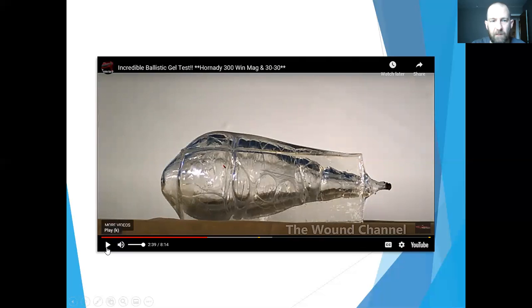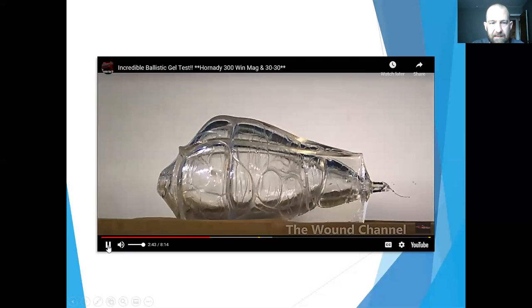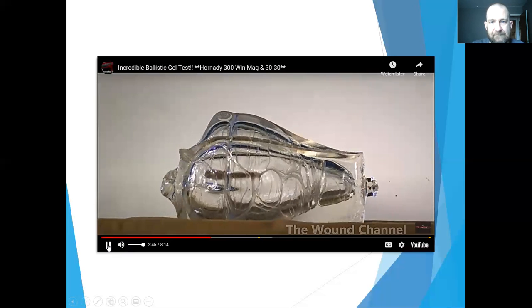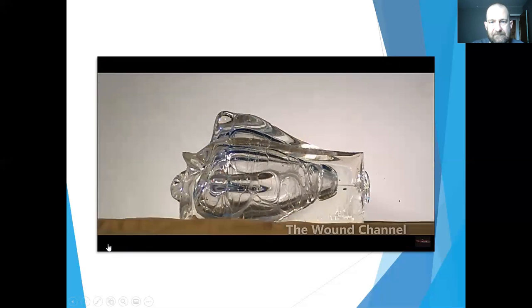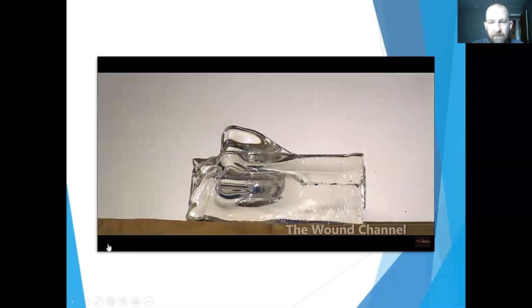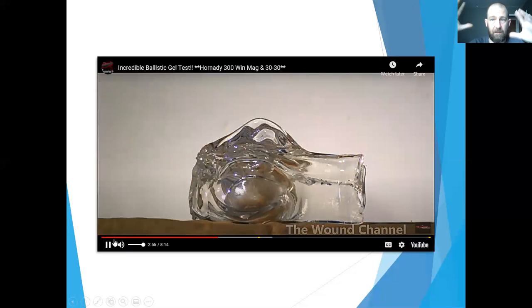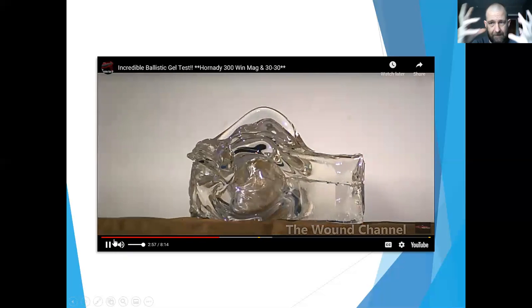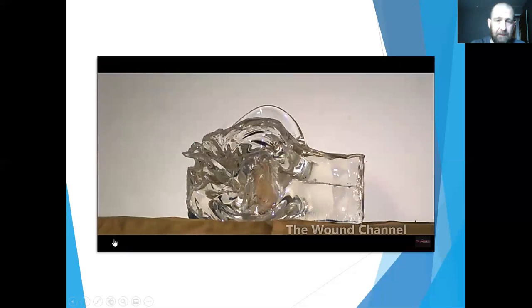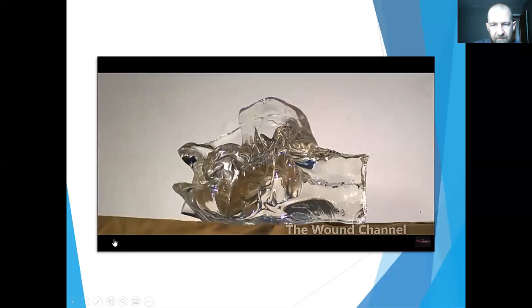All right, let's continue watching this. Look how big that gets. And the rapid decompression there builds up the pressure, and pressure heat ignites that little bit. You're going to see smoke coming out of the wound channel in a second.